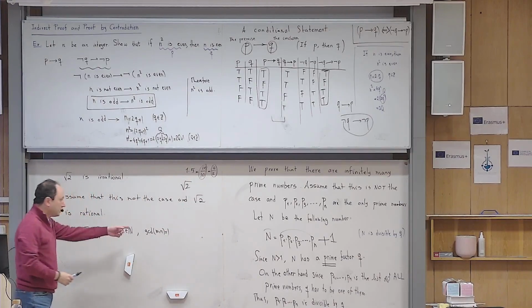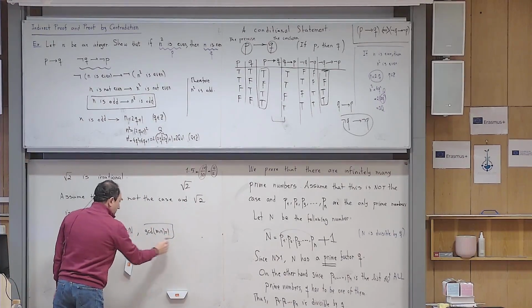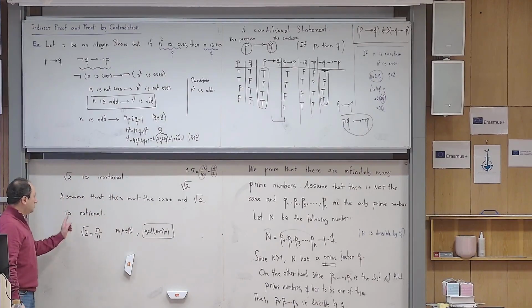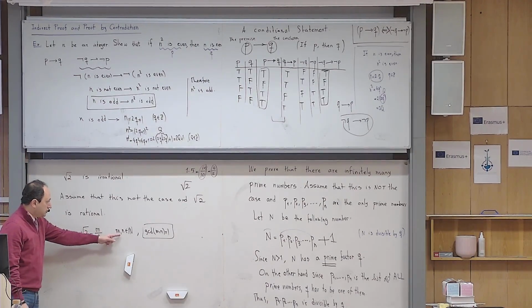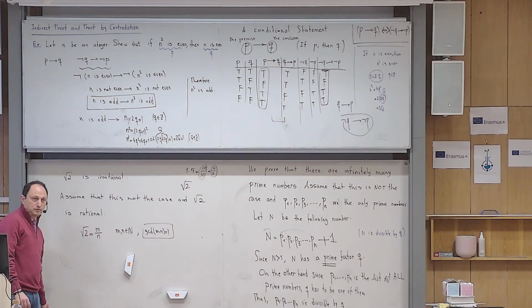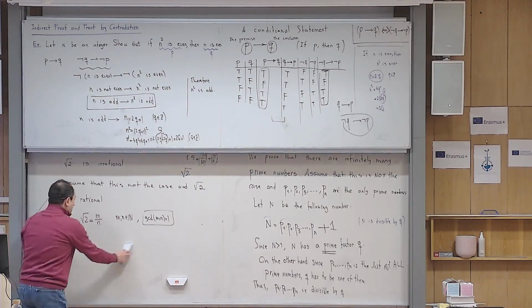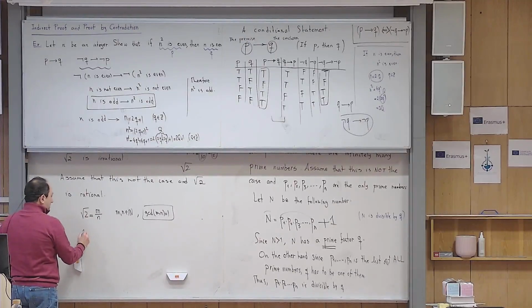Okay, so this is always possible, but this is very crucial. So if you say that the square root of 2 is rational, it means that you can write it as a fraction of natural numbers that cannot be simplified further. Yes? Okay, now everything is very simple algebra.